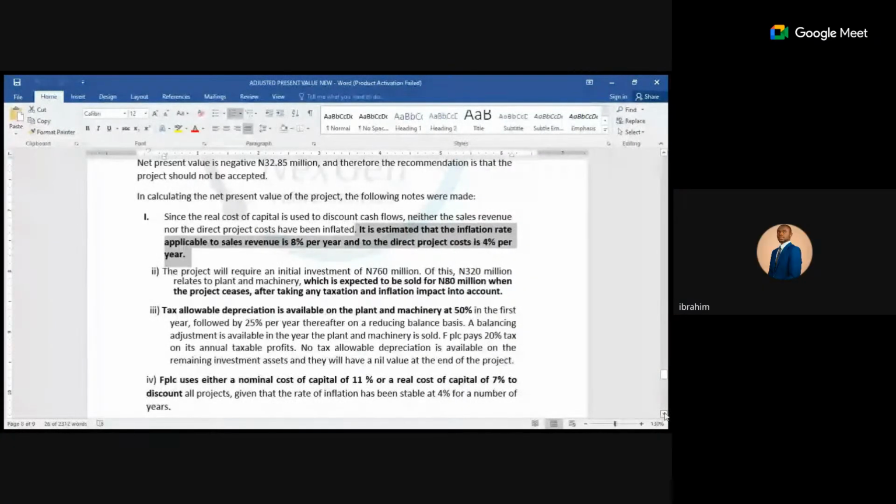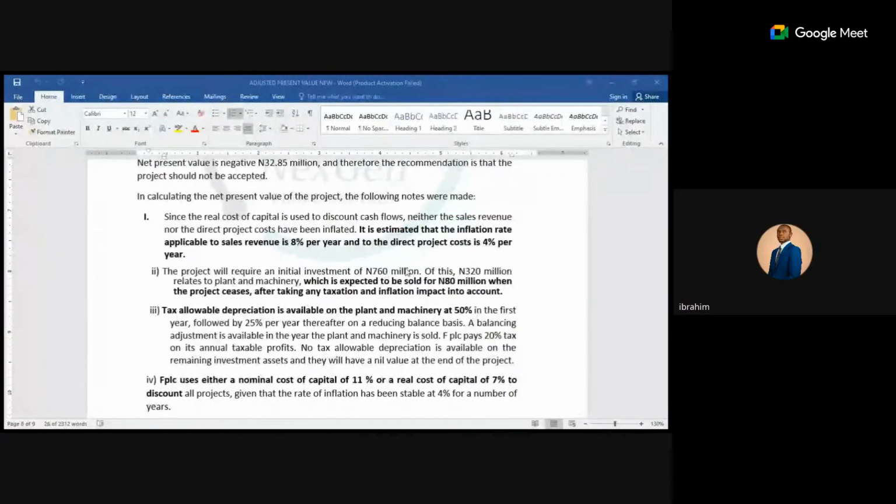Right. Number 2. The project will require an initial investment of 760 million. Of these, 320 million relate to plant and machinery, which is expected to be sold for 80 million when the project ceases, after taking any taxation and inflation impacts into account. Okay, thank you.